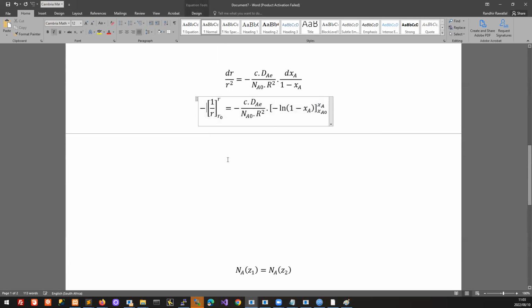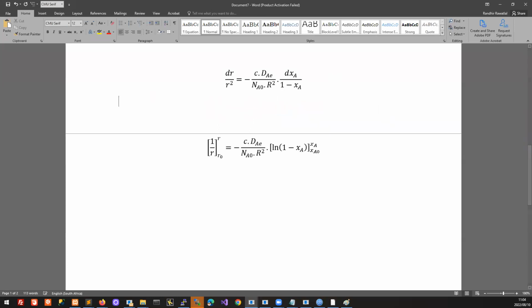We've got minuses on both sides, which we can cancel, and so that's our final expression. That tells us how X, we can take exponential. So if we divide this on that side and take the exponential, then you can get XA as a function of R. Any questions or comments on that so far?